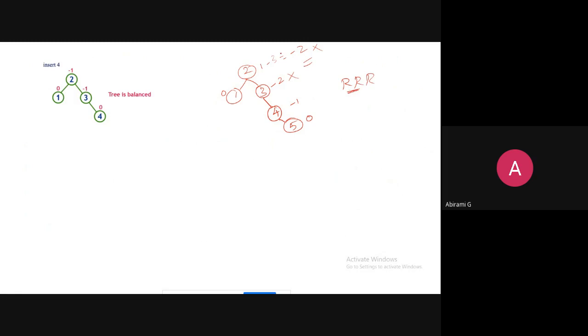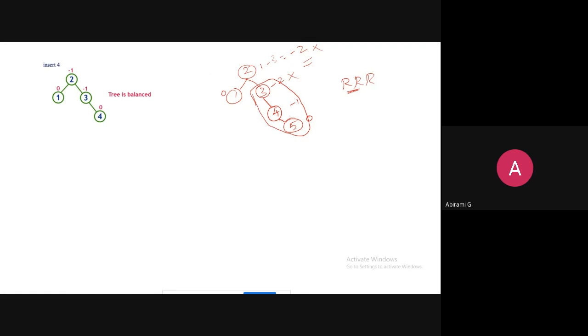Now this is also minus 2, this is also minus 2. Where to rotate, at this one or at this one, at these three nodes or these three nodes? We have to rotate lower only. First we have to give preference to the lower level only. We have to rotate at these three nodes.